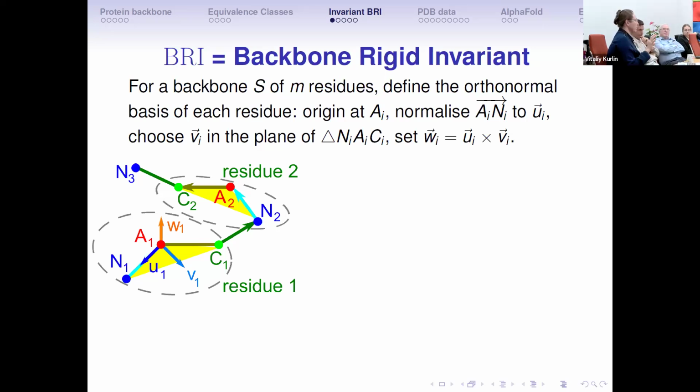We take the backbone of those residues, and then we start from the first residue and introduce the bases in this residue. And then every next part of the backbone from the next residue will be represented in the coordinates introduced in the previous residue.